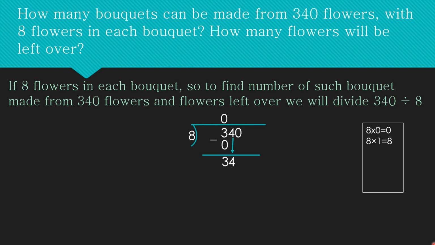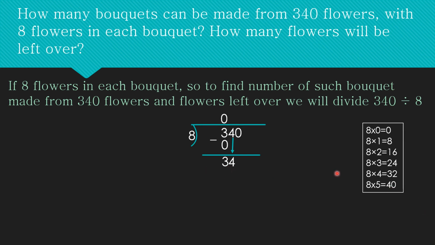So first we will write 8 timetables further till we get number 34. So 8 3s are 24, 8 4s are 32, 8 5s are 40. Now 40 is bigger than 34. So we will take smaller number, that is 32.